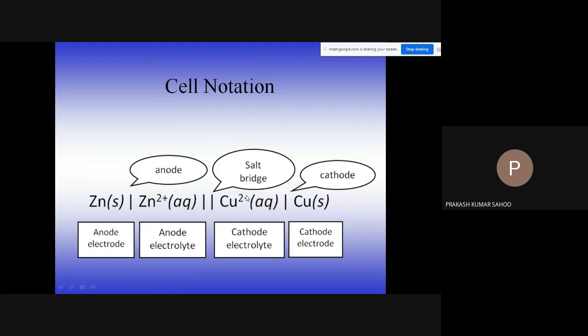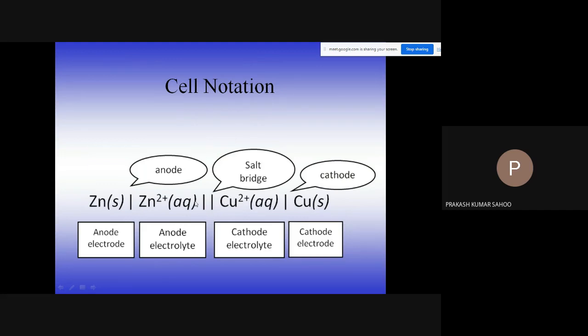This is just the opposite writing. Here the copper electrode, that is copper solid, is dipped in copper 2 plus. Just see, this is zinc 0 to zinc 2 plus, that means oxidation. This is copper 2 plus to copper 0, that means reduction.